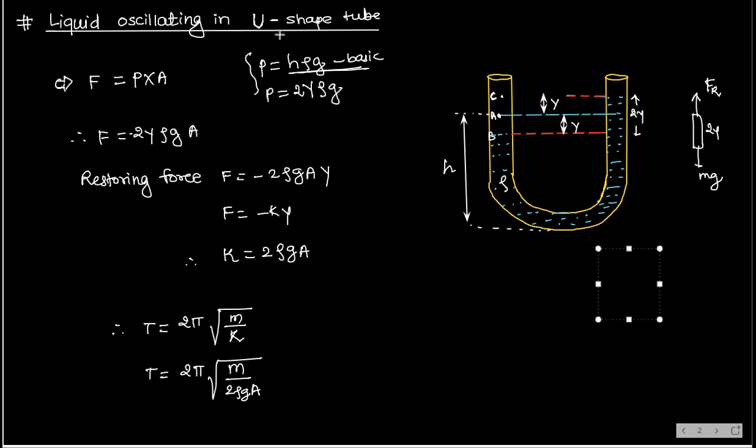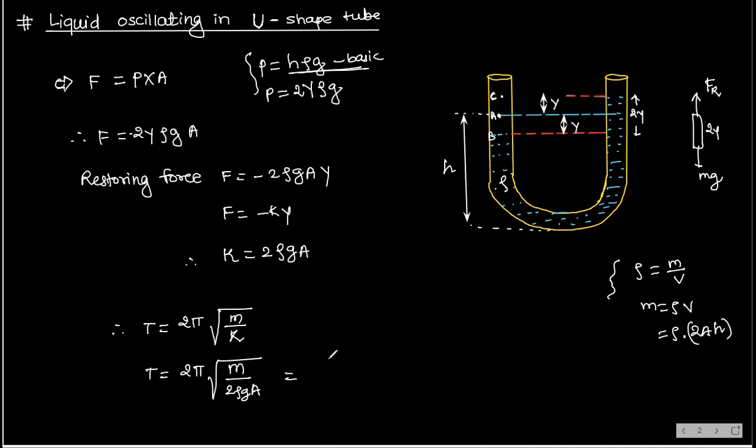Yes, sir. Look carefully: rho is equal to m by v, and therefore m is equal to rho into v. Now what is this volume? Volume is 2 times area into h.